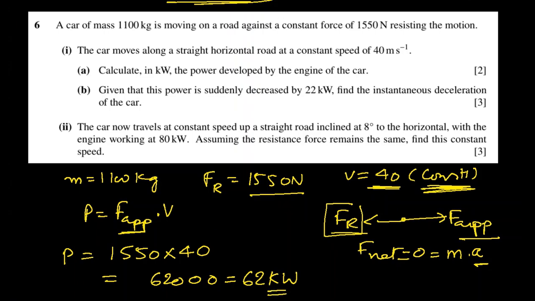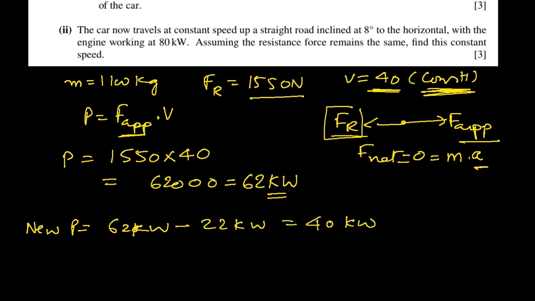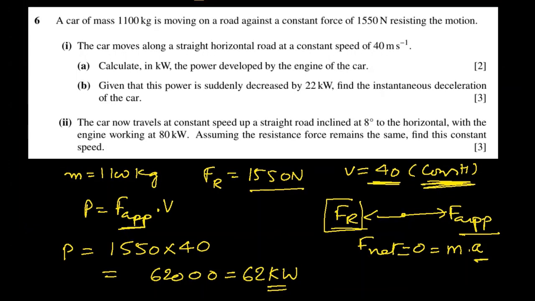Okay, B part. Given that this power supply suddenly decreases by 22 kilowatts. We have 62 kilowatts. So new power will be 62 kilowatt minus 22 kilowatt, which is 40 kilowatts. Okay, so new power is 40 kilowatts.